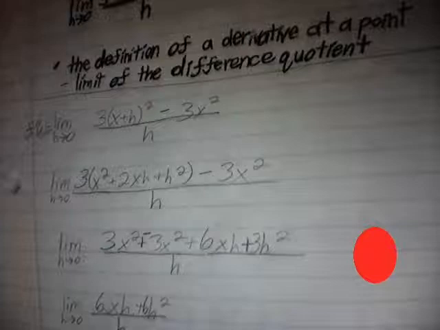Now, by canceling, we get the limit as h approaches 0 of 6xh plus 3h squared all divided by h. This is much easier to work with because now everything is multiplied by a factor of at least h, which means that we can cancel things out.